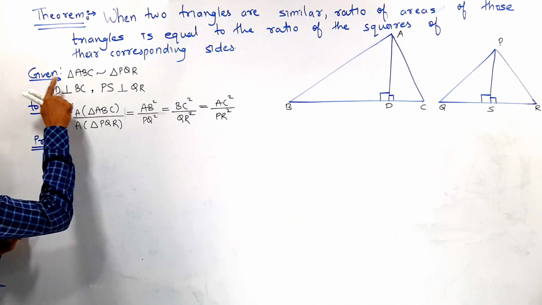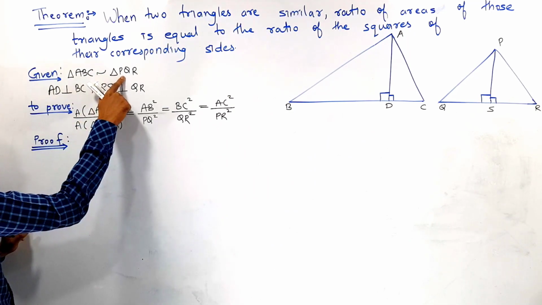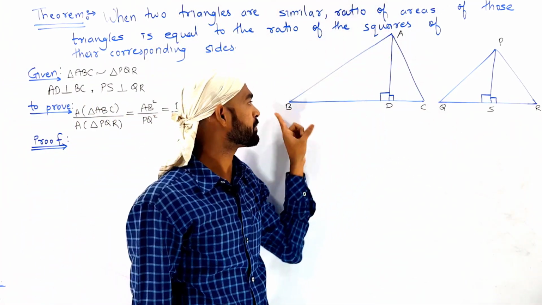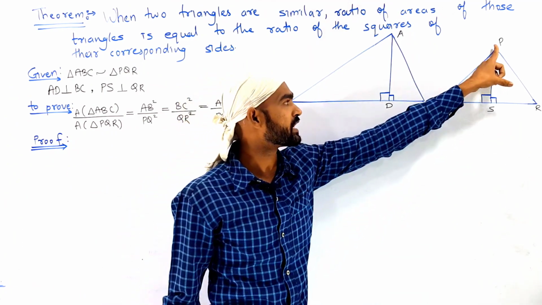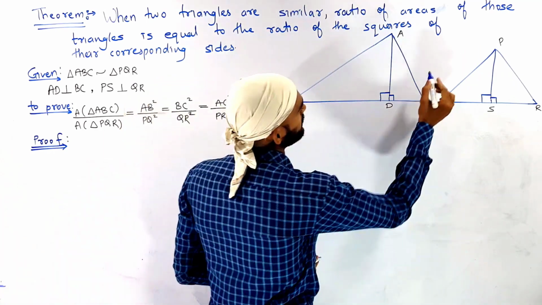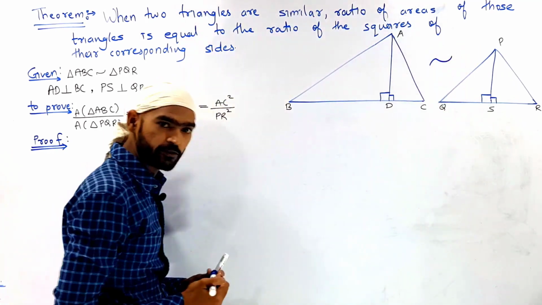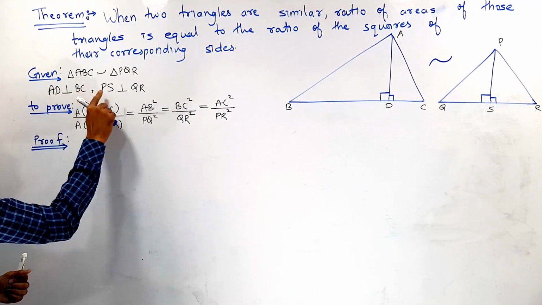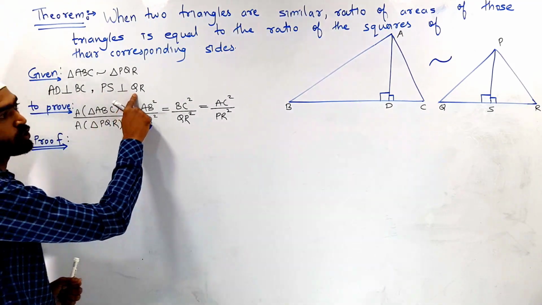First, we write the given: triangle ABC is similar to triangle PQR. As we can see in the diagram, both the triangles are similar. Next, AD is perpendicular to BC. Similarly, PS is perpendicular to QR.